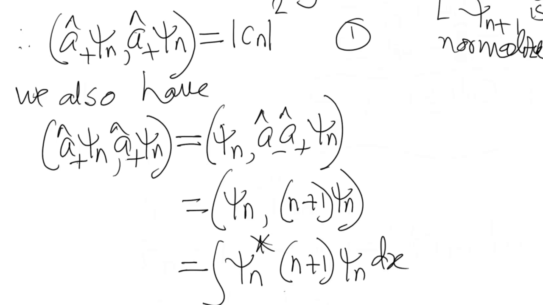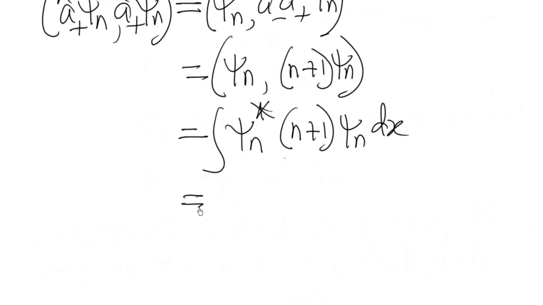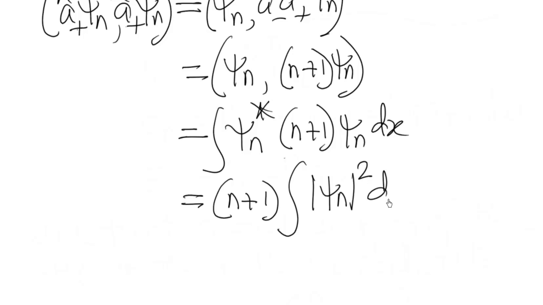Inner product, definition of inner product. So we can bring n plus 1 outside the integral sign, and here modulus square of psi n. Again, this is 1 if we consider psi n is normalized, so this is n plus 1.